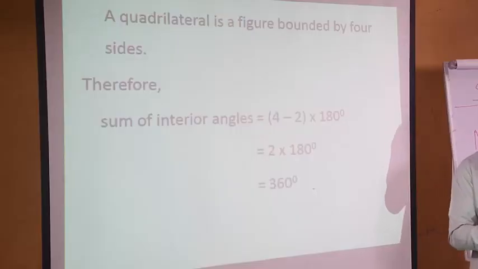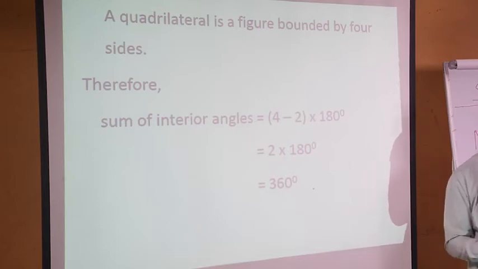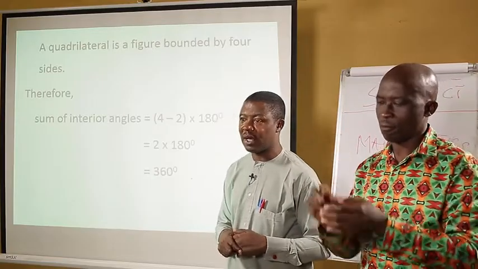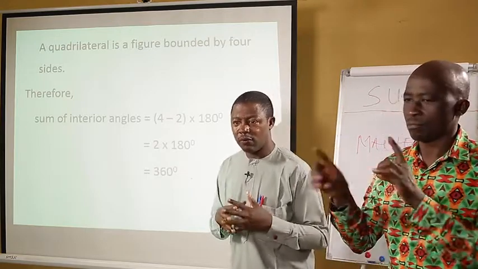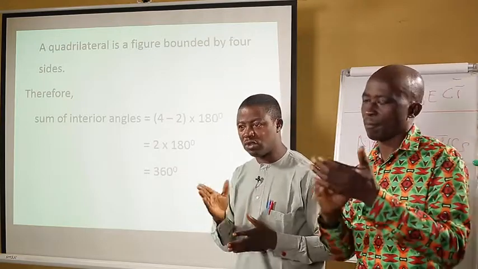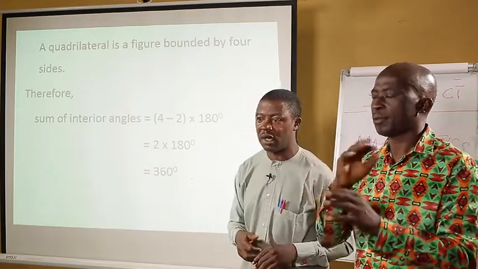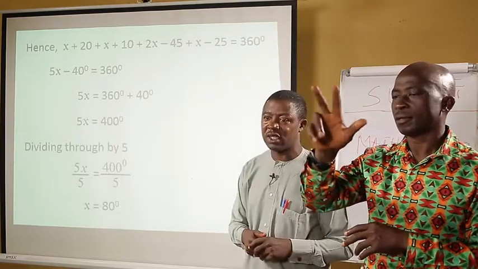So we substitute n by 4, and we have (4 minus 2) times 180 degrees. 4 minus 2 is 2, and 2 times 180 degrees is 360 degrees.